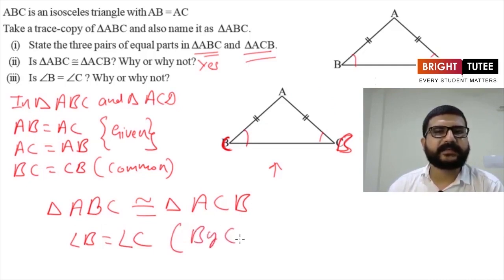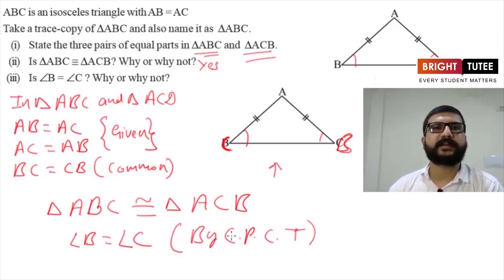So we can write it by CPCT. CPCT is corresponding parts of congruent triangles, and we know if two triangles are congruent then their corresponding parts are always equal. So angle B is equal to angle C.